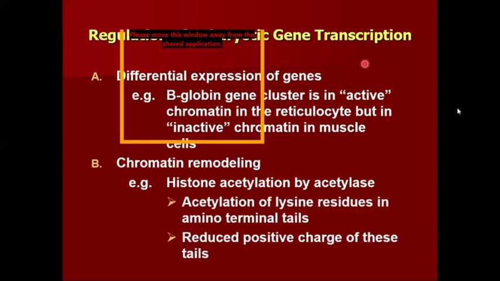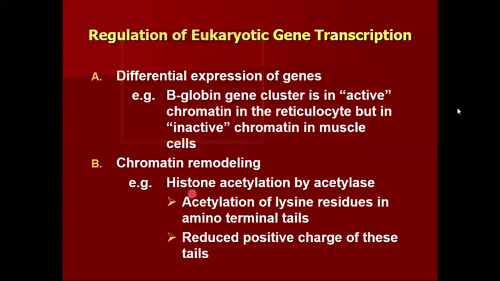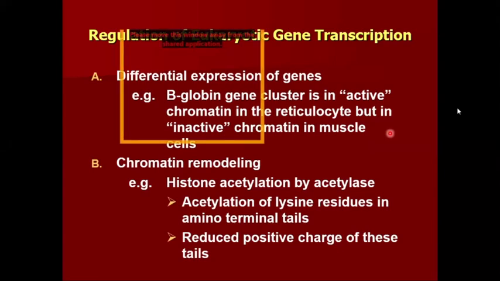Another is chromatin remodeling, such as acetylation of the lysine residues in histone. So what are histones? It is a component of the nucleosome. Wrapped around the histones is a segment of DNA. Okay? So what happens, and what is a histone? Histones are made up of lysine and arginine, which are positively charged. What is the charge of the phosphate group?